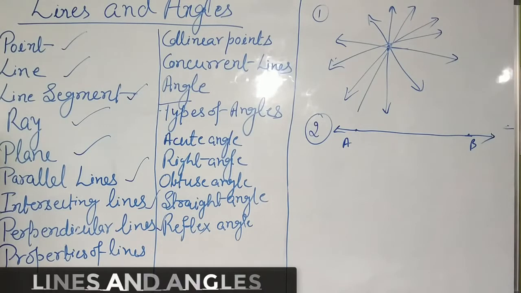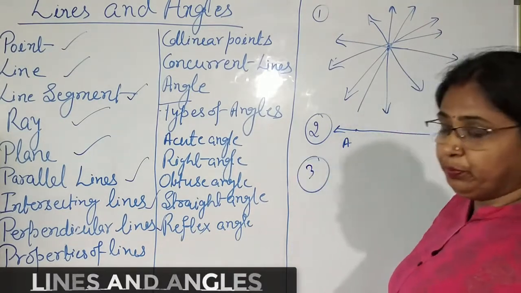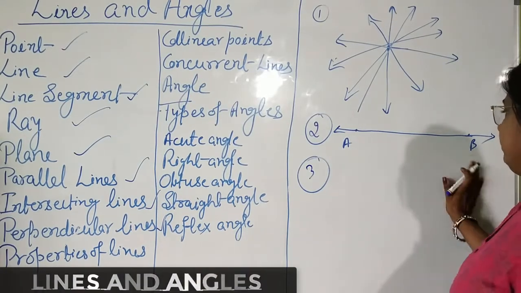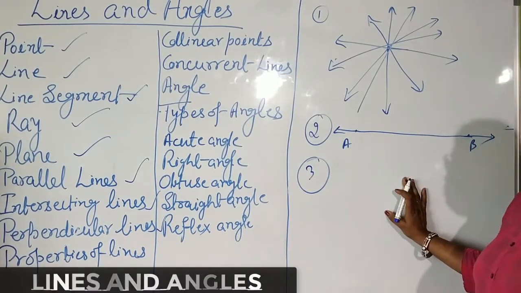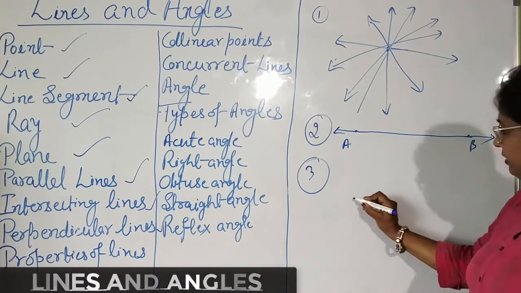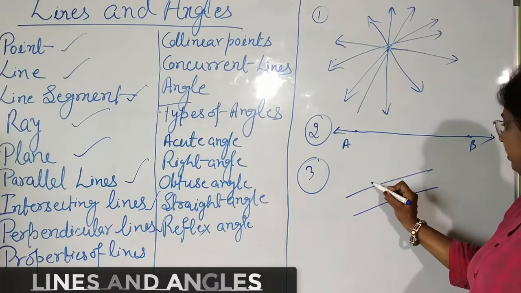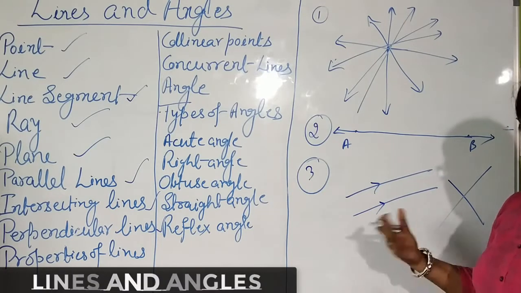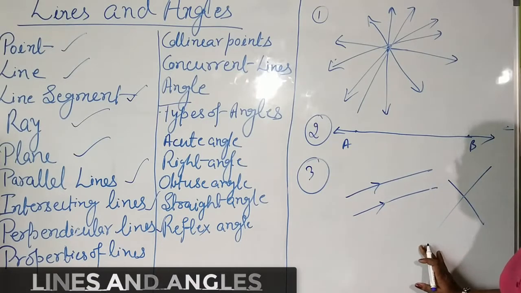Third property is two different lines in a plane are either parallel or intersecting. In any plane, like this blackboard, two or more lines are either parallel to each other or intersecting each other.